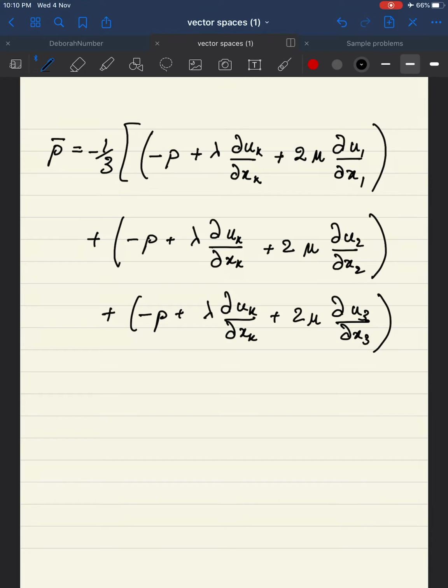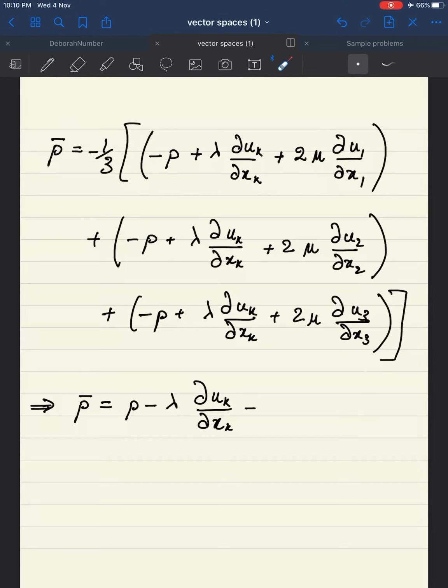So this now implies that my mechanical pressure becomes P minus lambda del UK by del XK minus, sorry, there is another bracket here. So my P is thrice, so this 1/3 cancels with that.